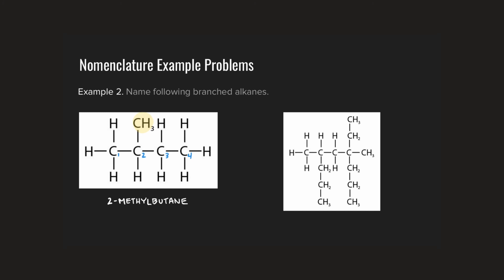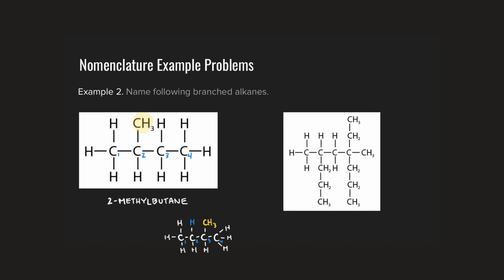Now, having a look at this 2-methyl butane right here, sometimes you actually refer to this as just commonly methyl butane, because as it turns out, if I took that methyl group and placed it instead here onto what I've currently labeled as carbon 3, really what I've just drawn right there is the exact same molecule.